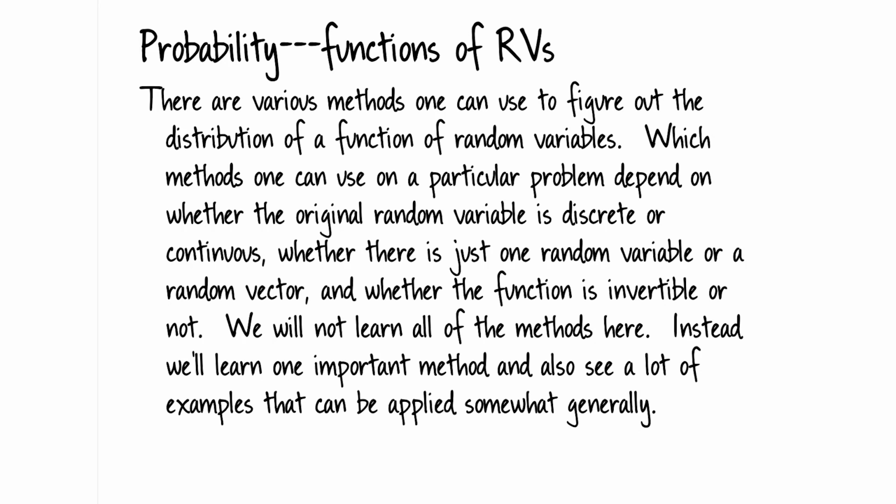And we're not going to learn all the methods. If you were taking a semester-long probability class, you would presumably learn all of these methods, but here we don't have that luxury. Instead, we're going to learn one important method and also see a lot of examples that we're going to be able to apply pretty generally to questions of functions of random variables that come up. Okay, so I think that's it.